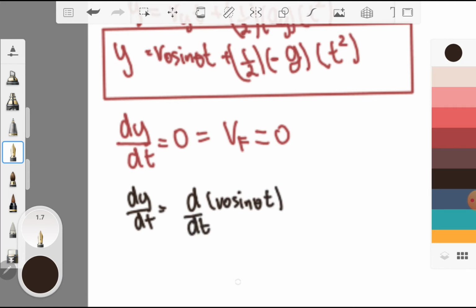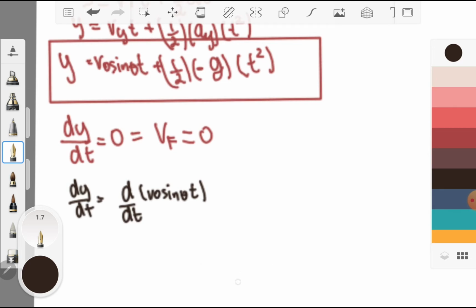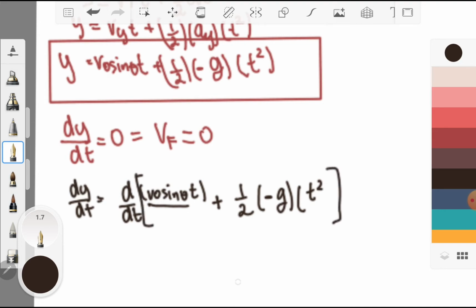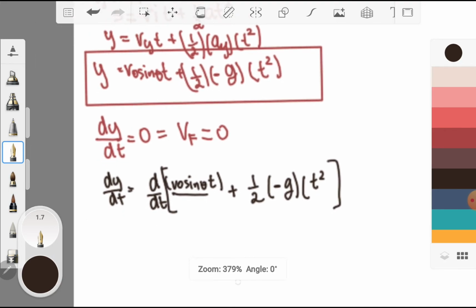When you differentiate, you are setting this value with respect to the other, so this VO sine theta will be a constant, plus 1 half multiplied by negative g t squared. Okay? So, we are differentiating this equation with respect to dt or your dy.